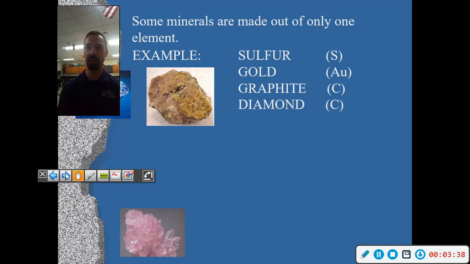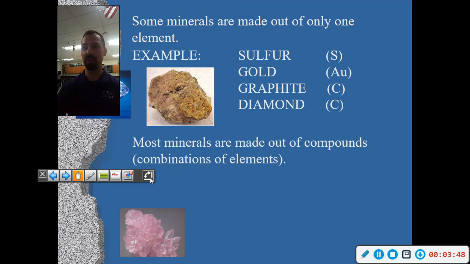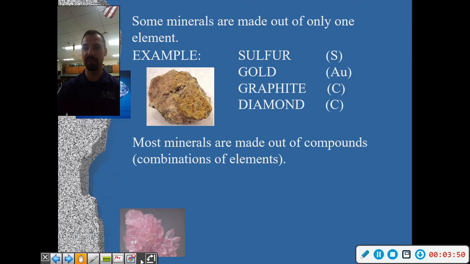Graphite was formed more on the surface of the earth, whereas diamond was formed deep underground under extreme heat and pressure. That's why diamond is one of the hardest substances known to man, because that intense heat and pressure forms a very hard crystalline structure. We'll talk about that characteristic in a moment.